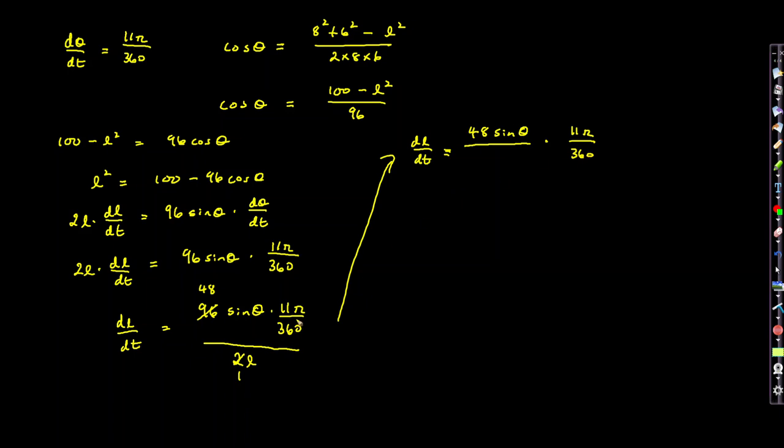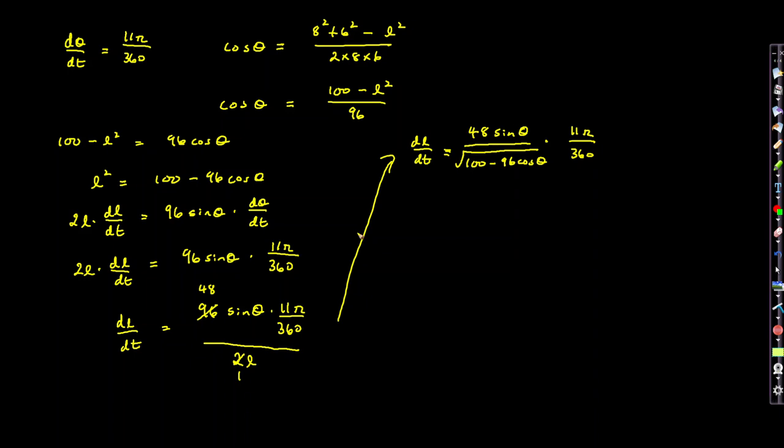Okay, now the expression for L. We've got this L squared here, so L would be the square root of that, so we can write that in there. So that's going to be the square root of 100 minus 96 cos theta. All right, so we have an expression for the rate of change of L.